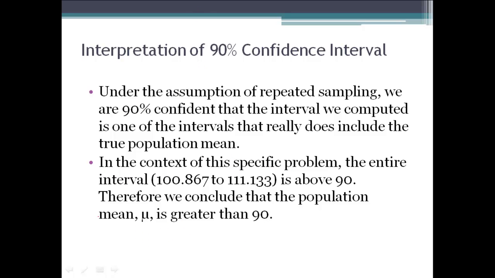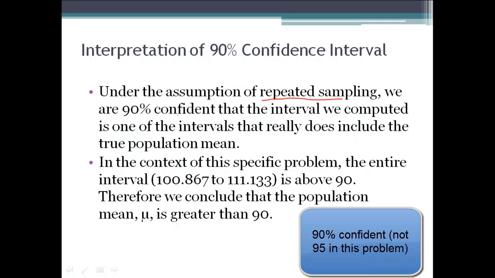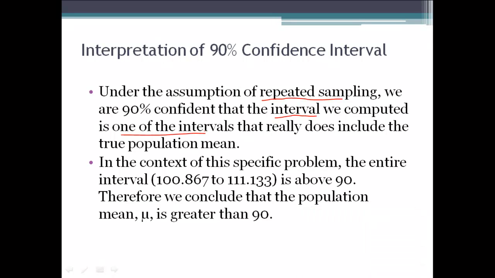So our interpretation of the interval is that if we have repeated sampling, all of our interpretations of confidence interval are based on the idea of repeated sampling. We're 90% confident that the interval we computed is one of the intervals. Again, we are really only going to compute one interval, but our statement is about the method wherein we would, at least theoretically, repeat this process over and over again.